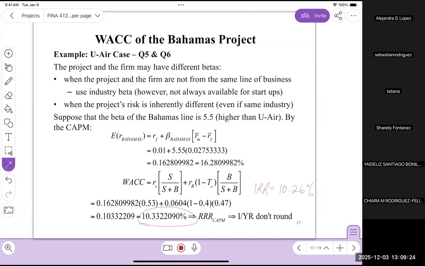Suddenly, our project doesn't exceed the required rate of return. We would reject the UAir project in this case. All right. Any questions for me?